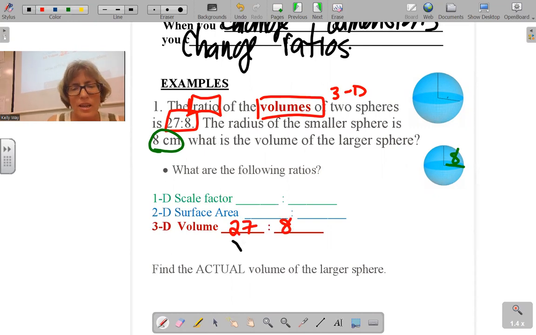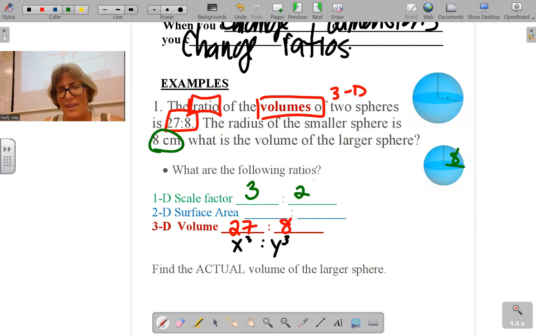This is like saying x cubed, y cubed. Now we work backwards. What would be x and y? Well, in this case, x would be 3, because 3 times 3 times 3 is 27. And our y is going to be 2, because 2 times 2 times 2 is 8. Ratio of our surface areas would be 3 squared, 9, 2 squared, 4.